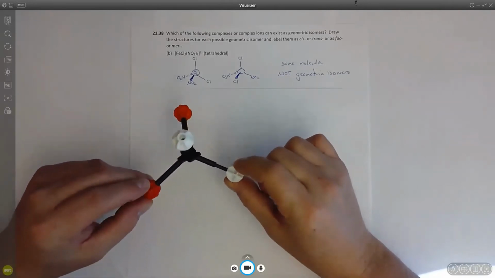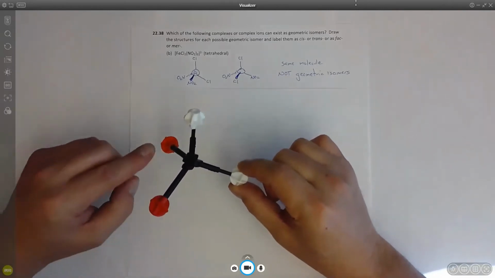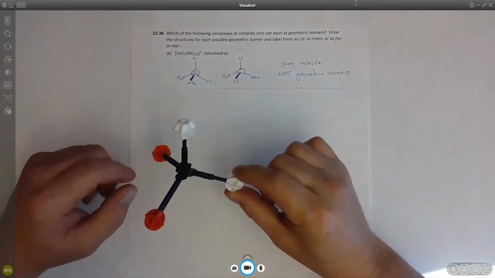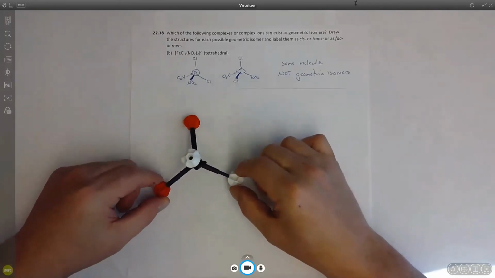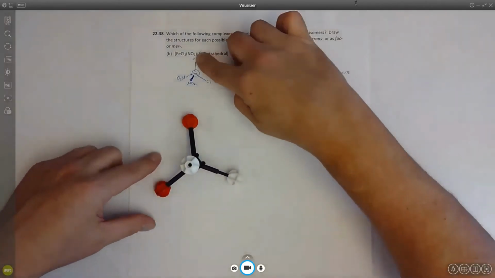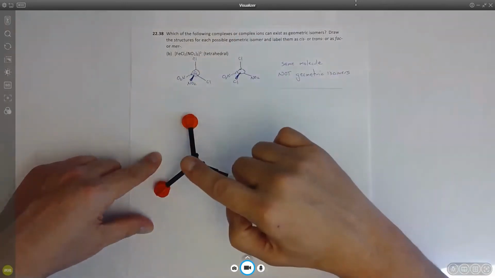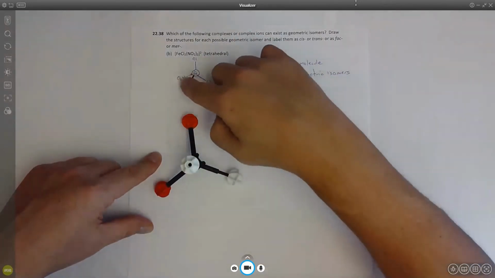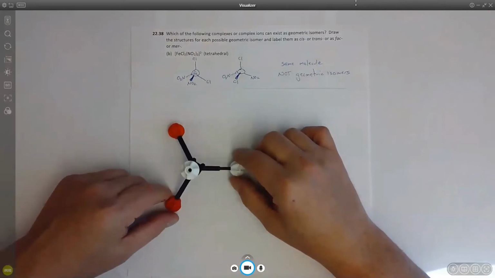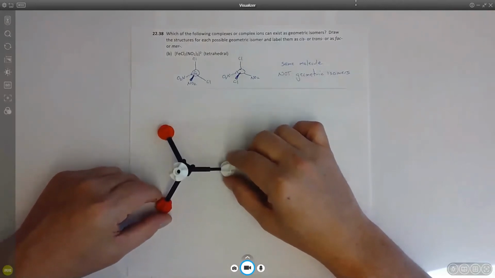You can see that it's coming out of the plane at 109.5, and we have one going back at 109.5. Now, if I set it straight up and down like this, this would be the chloride here on top, and then the chloride here, and then the two nitrites that we have there, okay? So that would be the one structure.